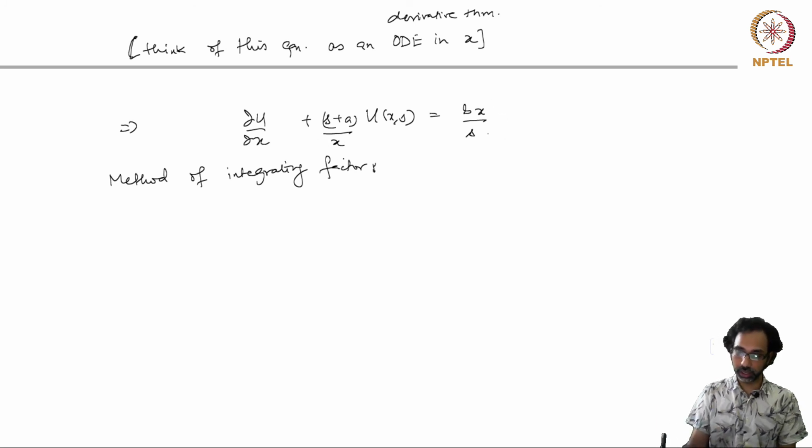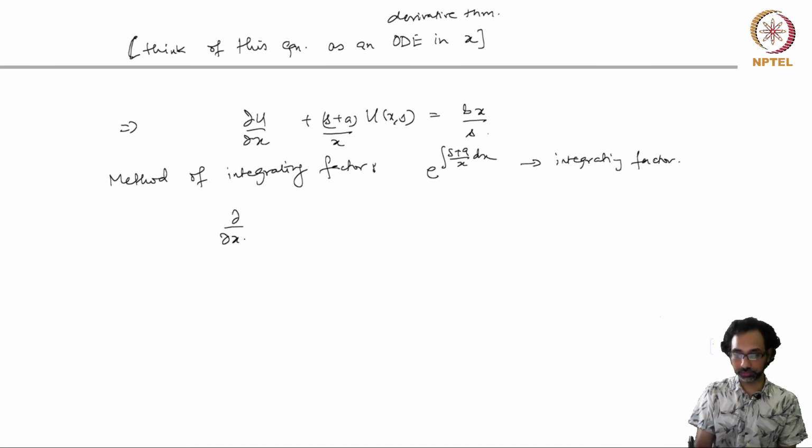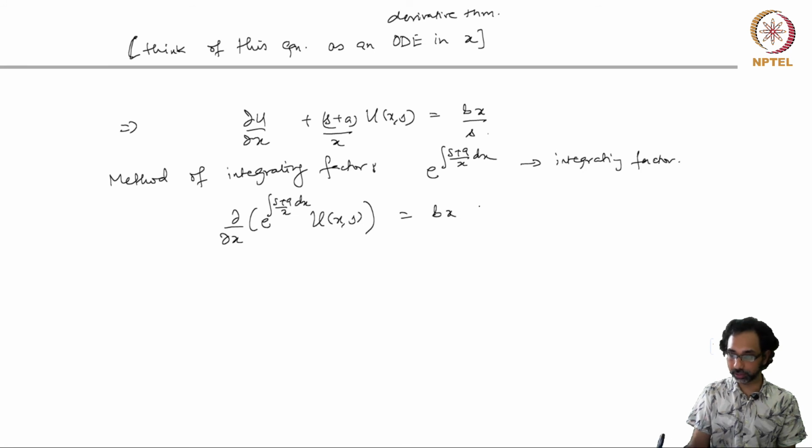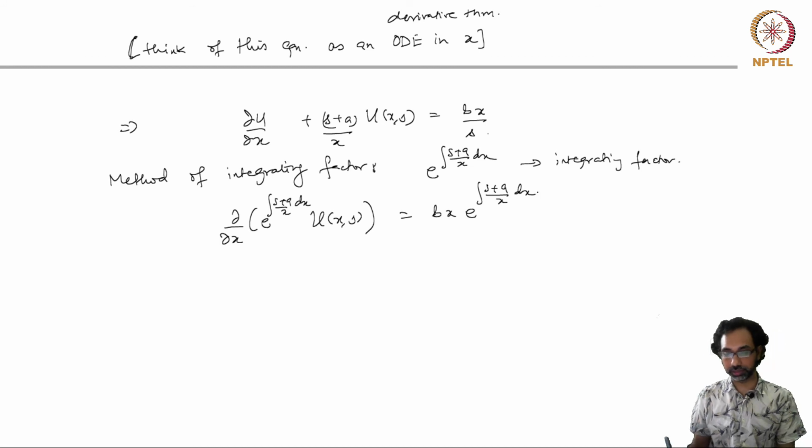So we get this, and the integrating factor is e to the power integral of (s+a)/x dx. We multiply on both sides and we get ∂/∂x of e to the power integral (s+a)/x dx times U(x,s) is equal to bx times e to the power integral (s+a)/x dx.